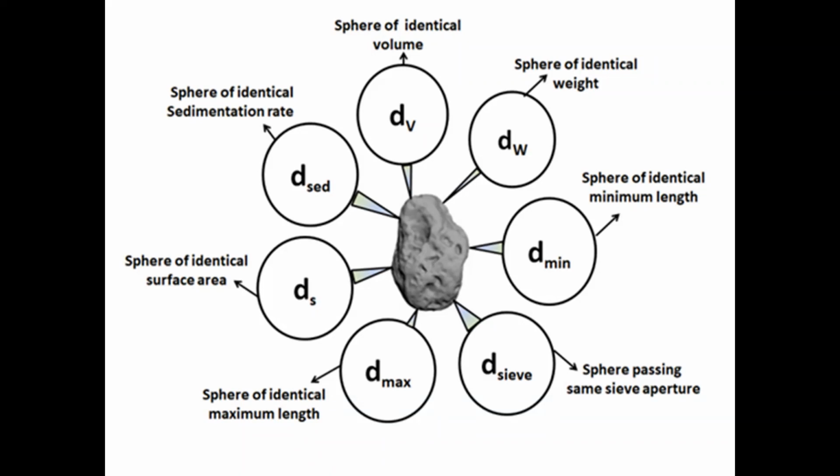If you pass these particles through that sieve, that diameter is called dC. D maximum means the sphere of identical maximum length, that is d max. Sphere of identical surface area is called dS. And sphere of identical sedimentation rate is represented by d sed.